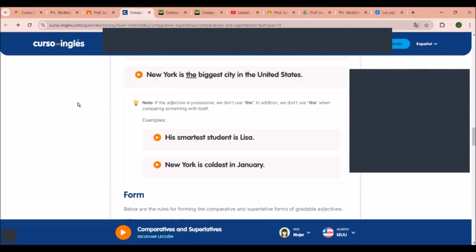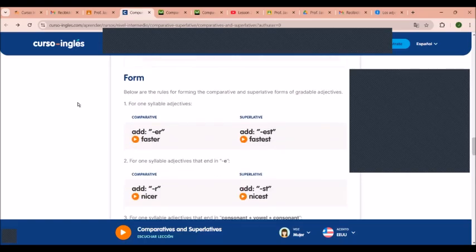All right. Now, if your word has one syllable, the basic form is ER or EST to make it either comparative, talk about two, or the best in the group if you're going with superlative. If it already has an E at the ending, like nice, all you need is the R to complete the ER or EST ending.